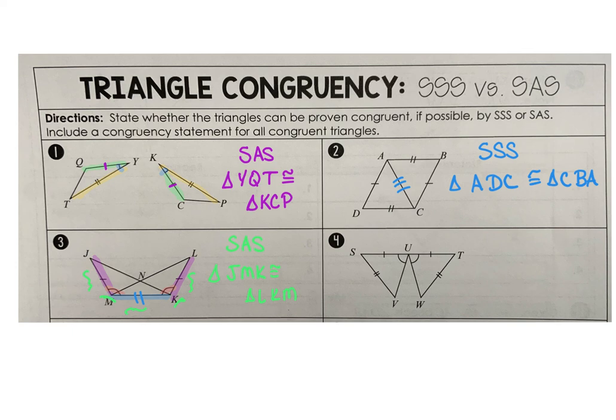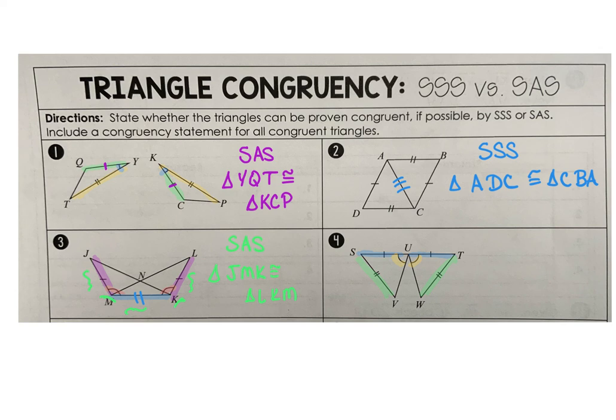Let's look at number 4. So for number 4, I have SU congruent to TU, and I have SV congruent to TW. I do have an angle. What's the problem with this one?